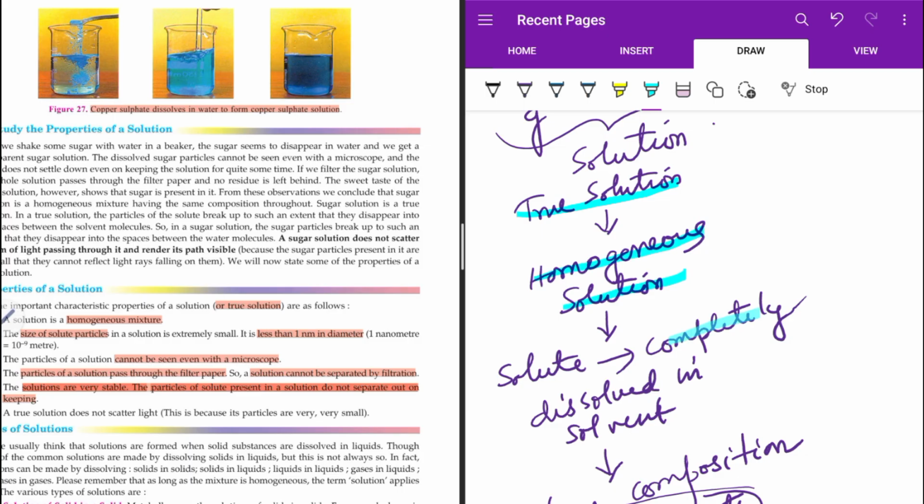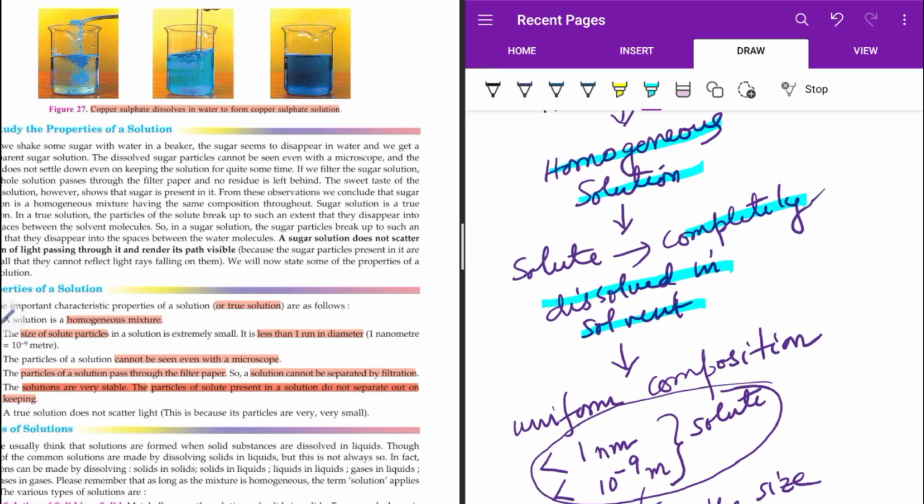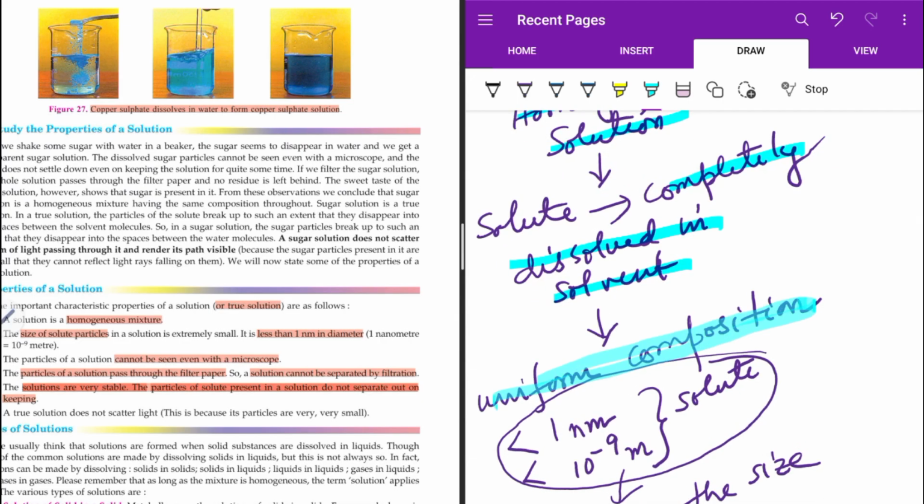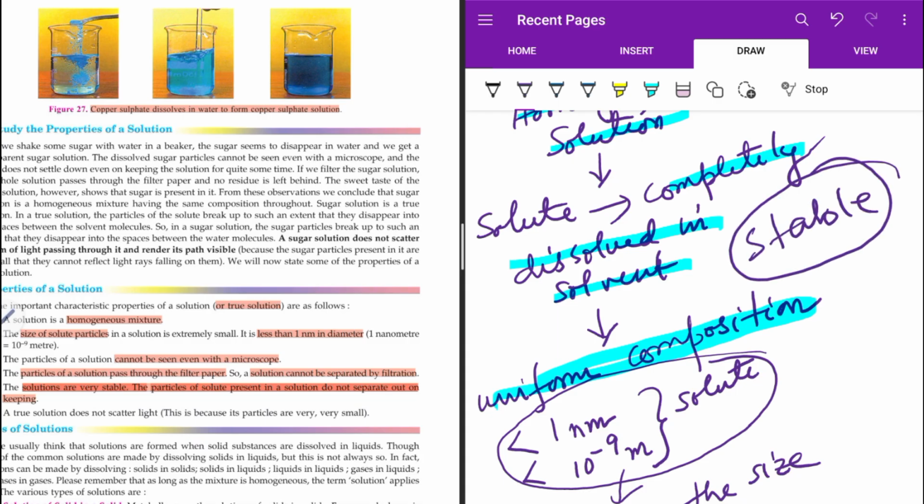They are completely dissolved in the solvent and have uniform composition throughout. And such solutions are stable because the solute particles do not separate out from the solvent on keeping. So a true solution does not scatter light and does not show the Tyndall effect.